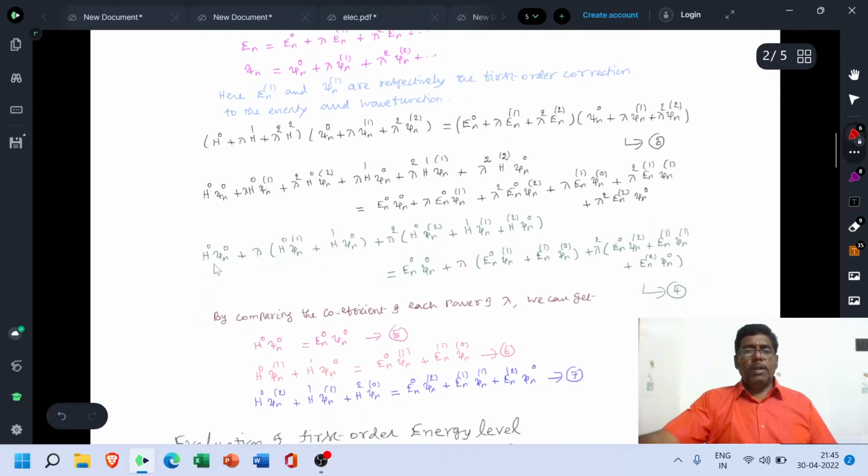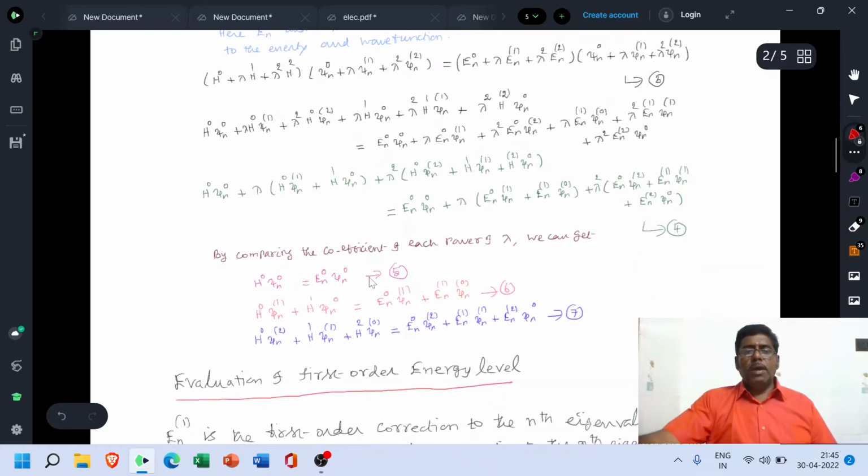Now align the constant term, then the lambda term and lambda square term. On the right hand side also, the constant term En0 psi n0, then the lambda term and lambda square term. You get the equation of this type. Now we have to compare the coefficient of each power of lambda. H0 psi n0 is available without lambda, which means lambda power 0.